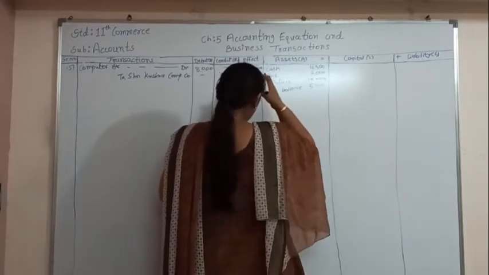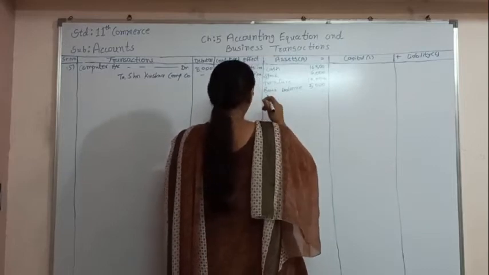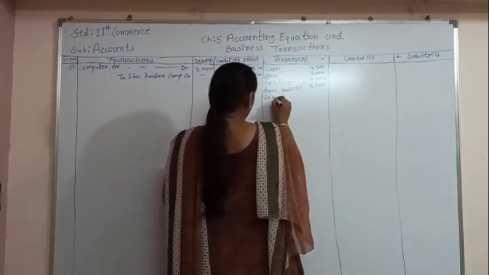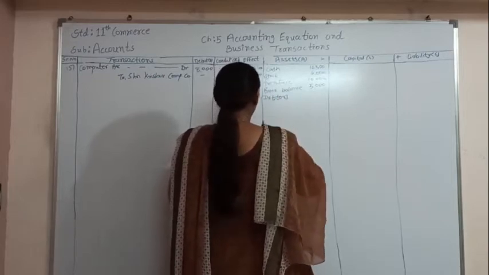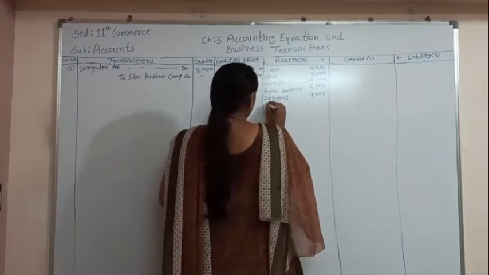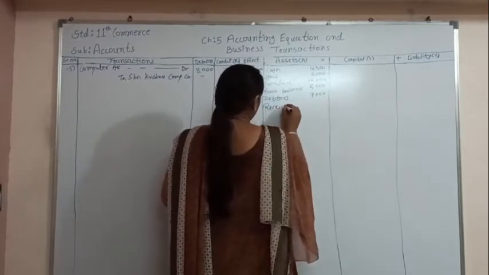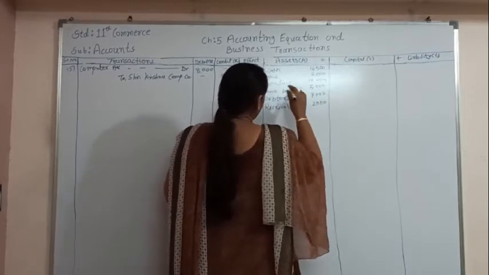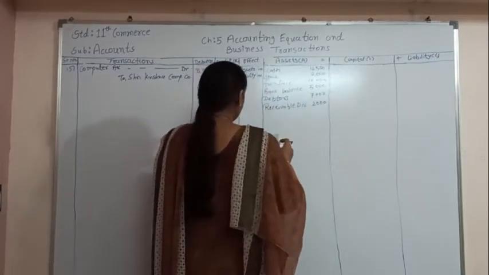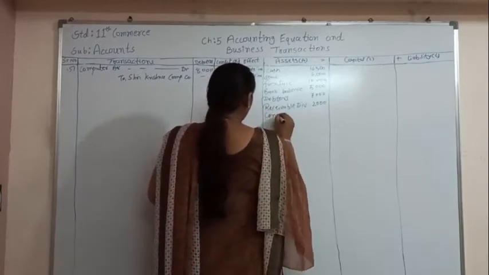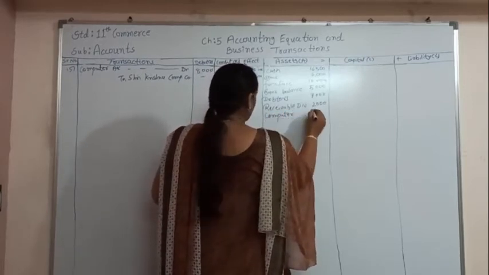Then debtors is 7,000 and receivable dividend, and that is of rupees 2,000. And next is our computer. So computer is of rupees 8,000.